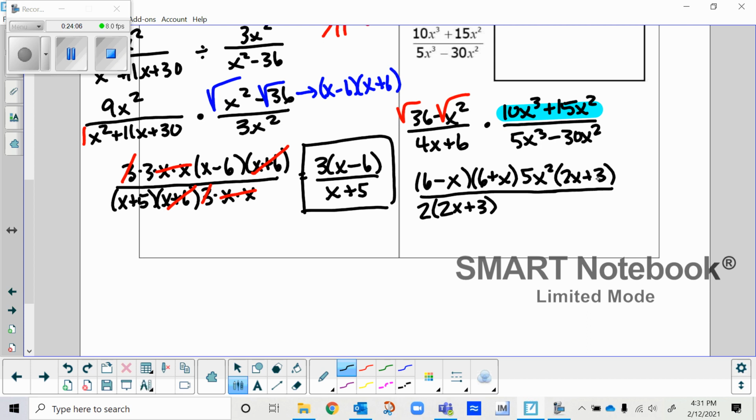And then in the denominator there, 5x cubed minus 30x squared, the 5 and the 30 have a 5 in common. X cubed and x squared again have x squared in common. And when you divide 5x squared out of the first term, you get x. And when you divide it out of the second term, you get minus 6.